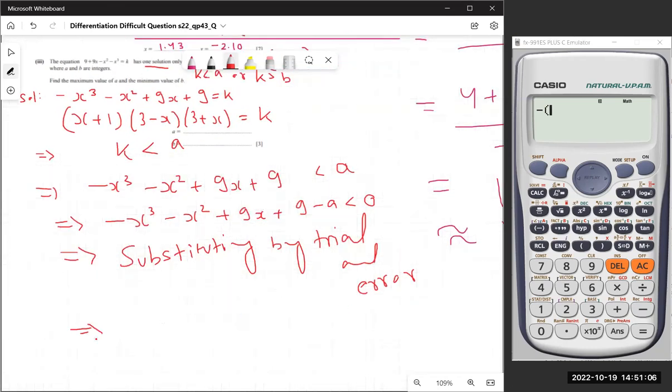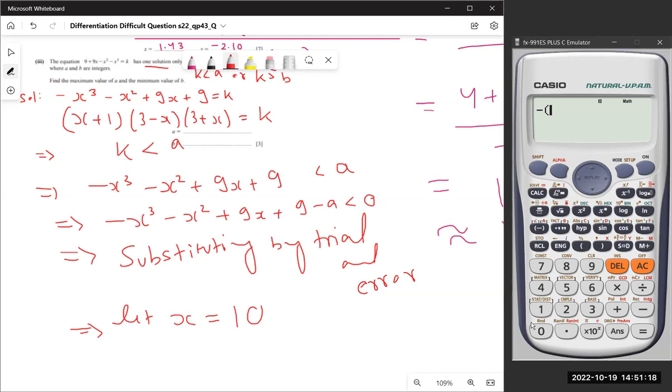Now, let x equal 10. When I put minus 10 inside it, this power cube, that's 1000 minus 1000. And we just have to see if it gives us an answer or not.